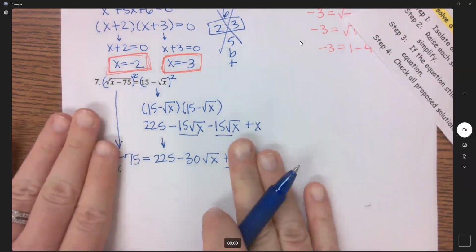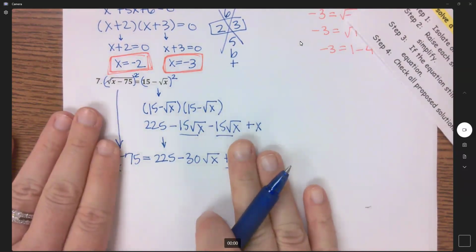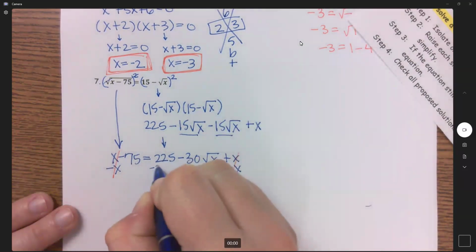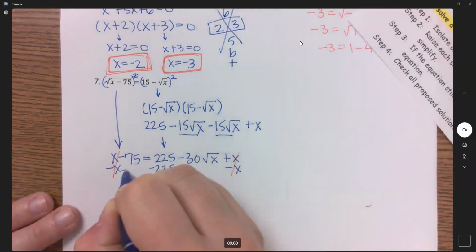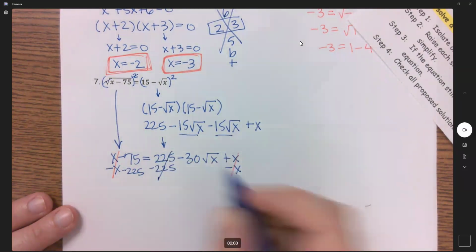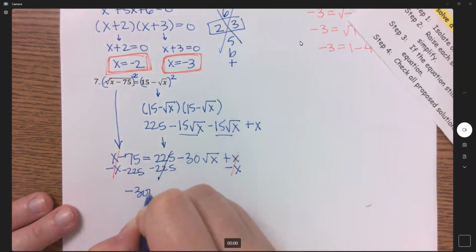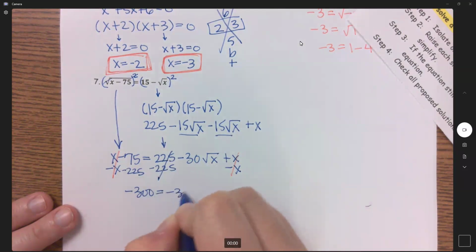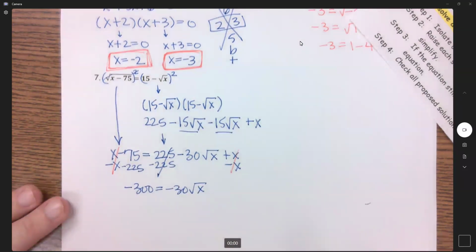So now I'm left with just this equation right here. So now I will subtract my 225 over. That's going to cancel. So I'm left with negative 300 equals negative 30 square root x.